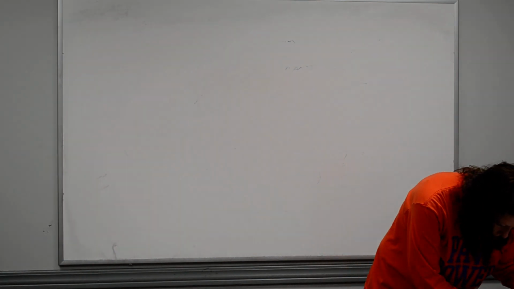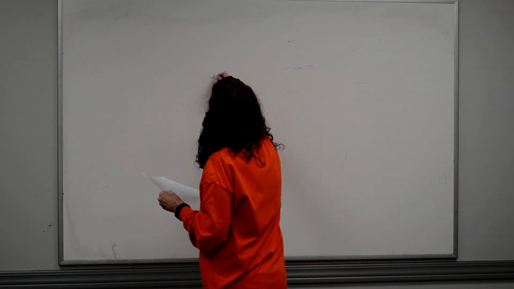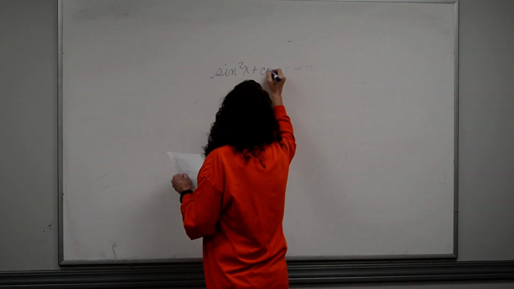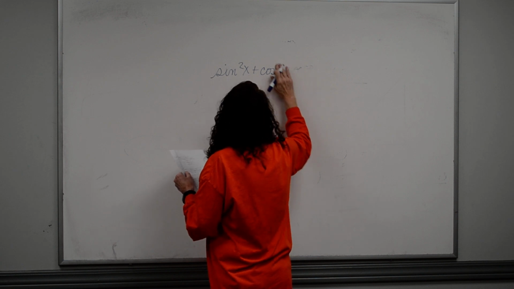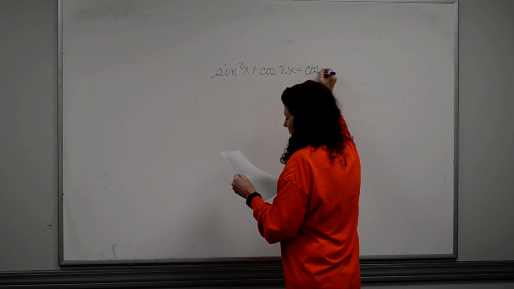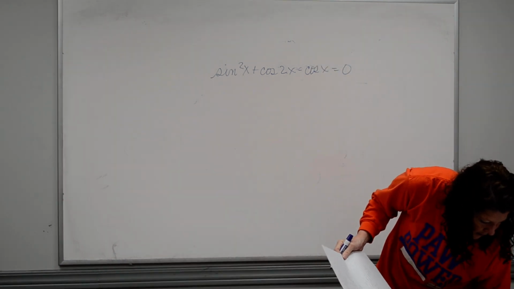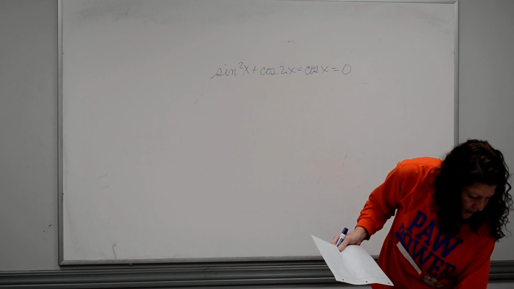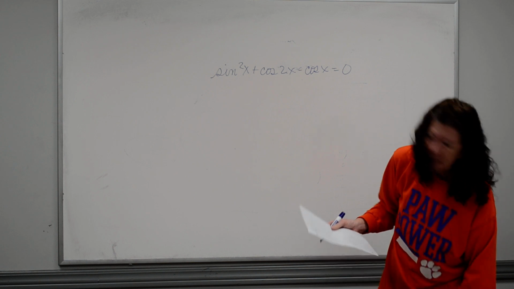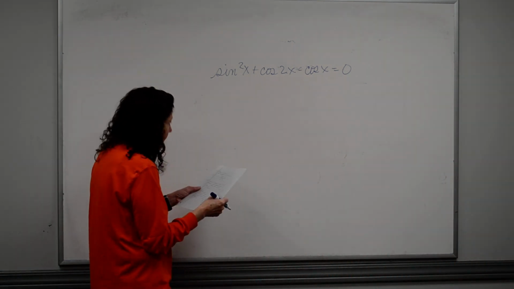So looking at number 35, they give you the sine squared x plus the cosine squared, or plus 2 times x, minus the cosine x equals 0. And the instructions say solve each equation for when x is greater than or equal to 0 and less than or equal to 360. So what I'm going to do, I'm looking at this is a trinomial.